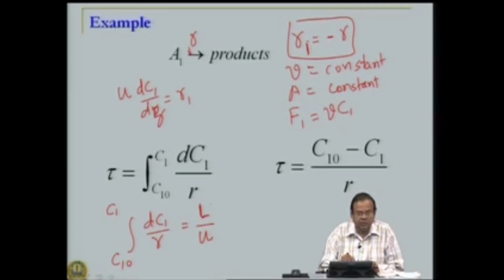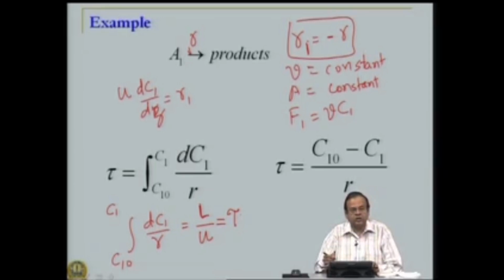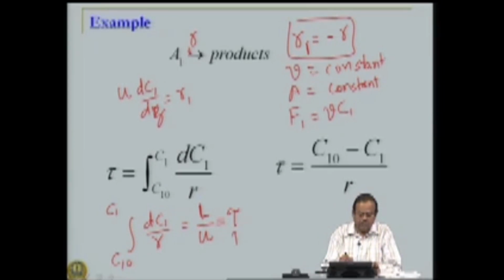So, this is in centimeters divided by centimeters per second, and this is nothing but the residence time in the reactor, tau. That is how long on an average the reacting fluid has spent in the reactor from its entry point to the exit point. So, this has units of time, and we call this residence time.